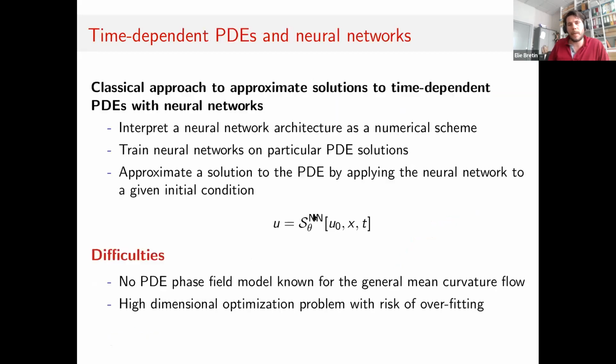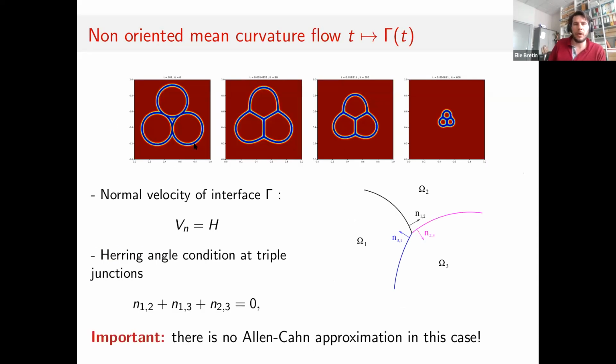In fact, we propose to try to use neural networks to obtain a numerical scheme for an approximation of non-orientable mean curvature flow.